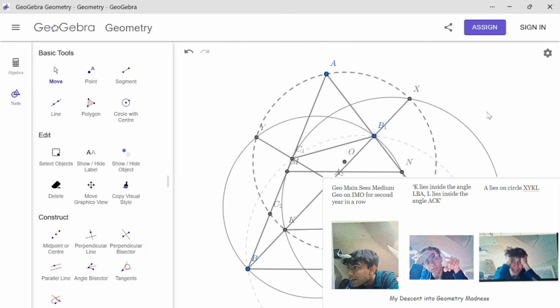If we want to show that, we have the A2K times A2X equals A2C times A2C1, equals A2B1 times A2B, equals A2Y times A2L.